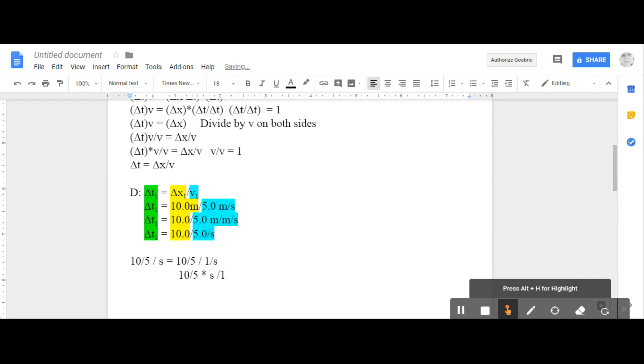So, because I'm dividing by seconds, that's the same thing as dividing by 1 over seconds. So when I flip that over to do the fraction, I get seconds times 1. So the great thing is I actually get 10 seconds divided by 5.